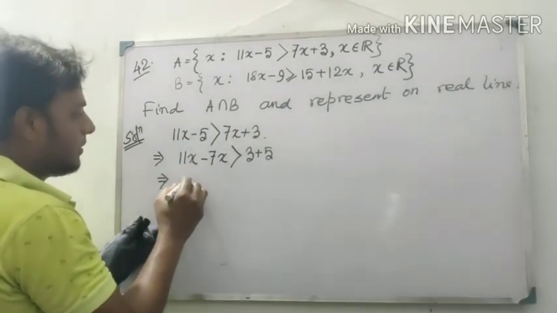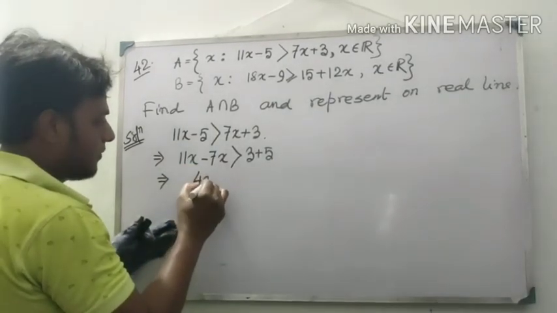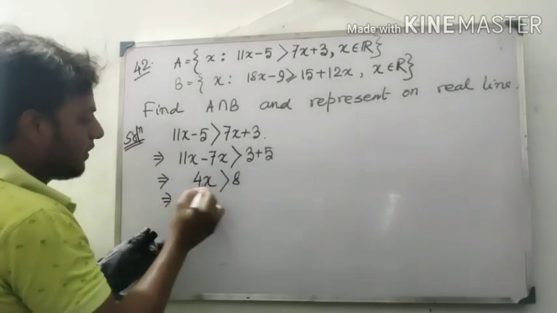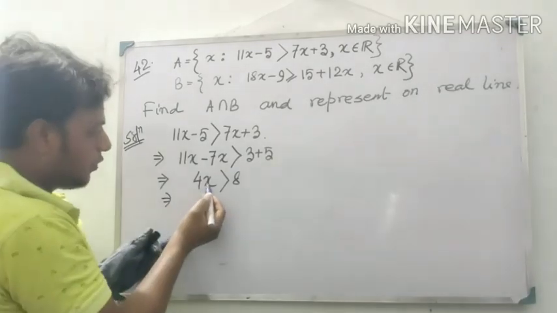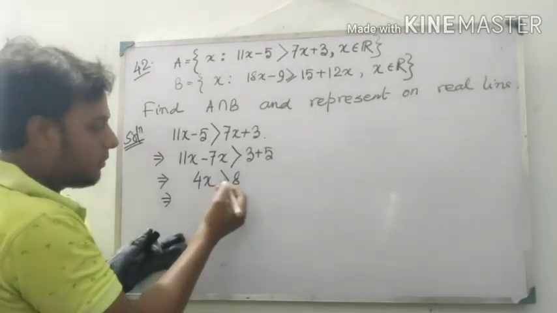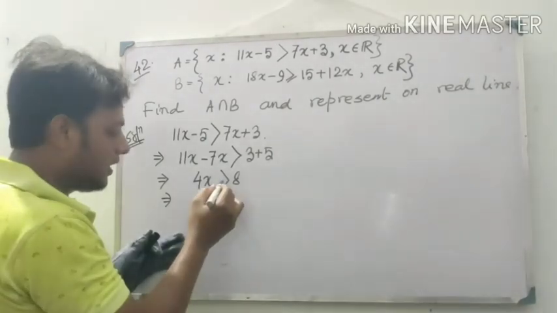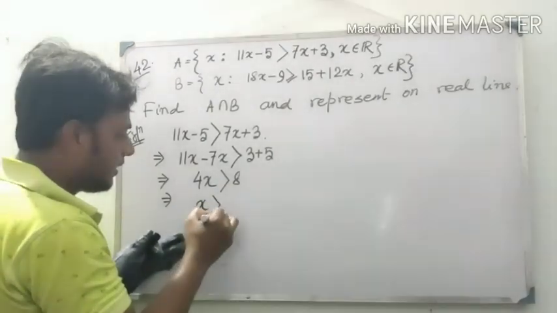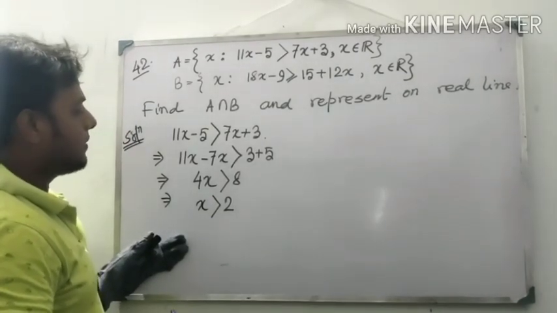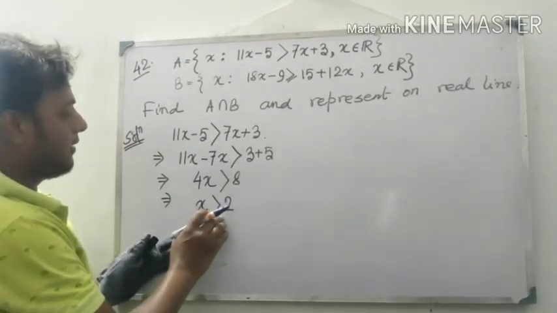So 4x greater than 8. We divide both sides by 4 since the coefficient of x is 4. Since 4 is a positive number, there is no change of inequality. So x greater than 2. This is the set A.